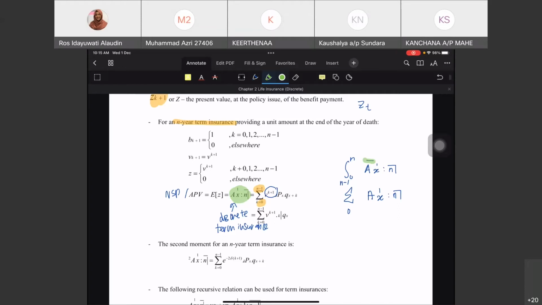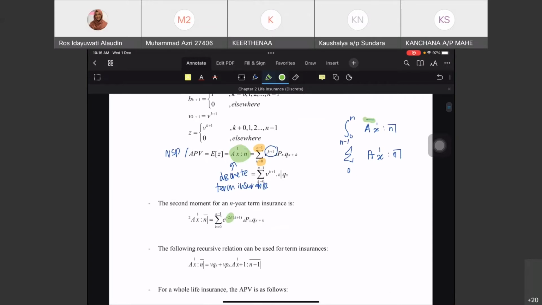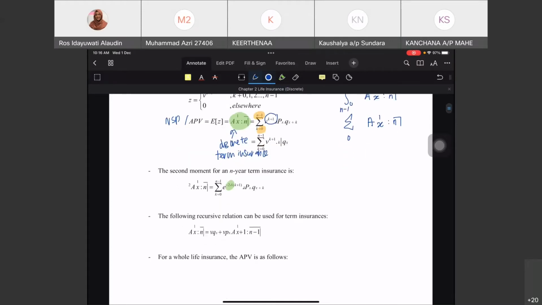So for the second moment, to find the variance, we need the second moment. So we use 2 delta instead of 1 delta. The VK here is actually this discount function, E negative delta.